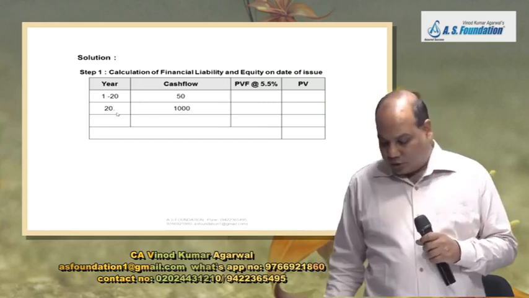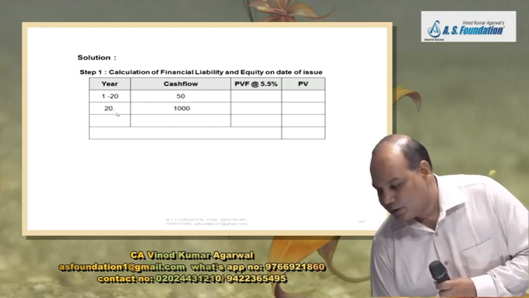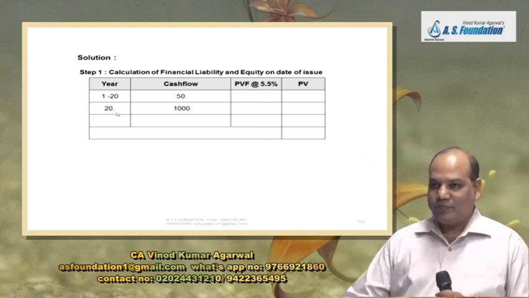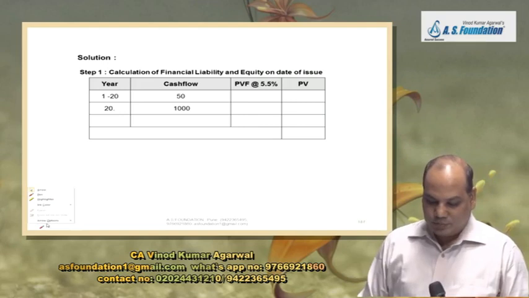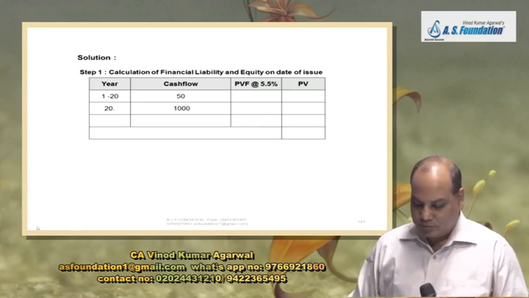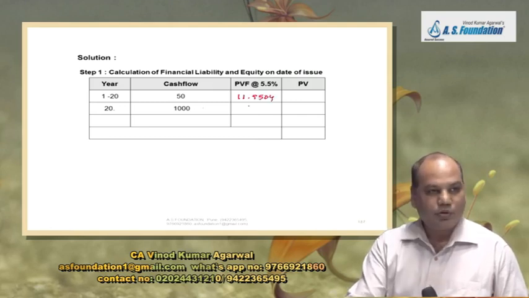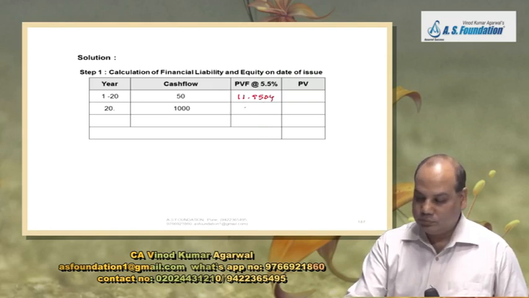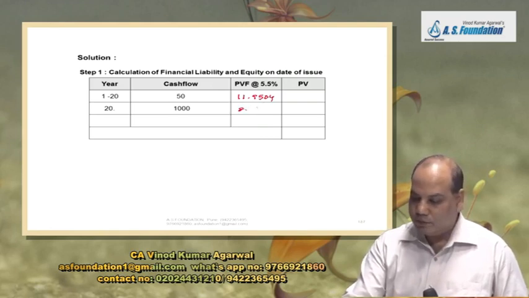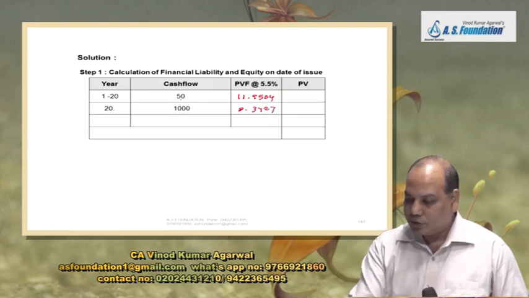Now I don't know the factor, you tell me. 11.9504. And the 20th factor is how much? 0.3427. Okay, no problem. Now kindly multiply.